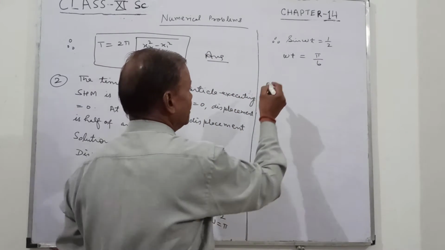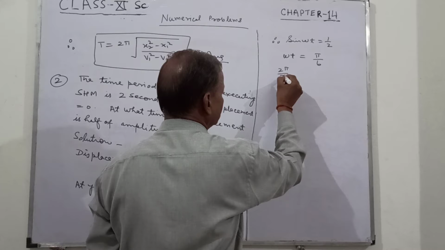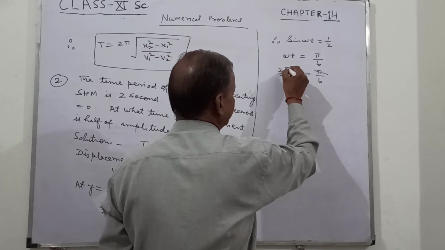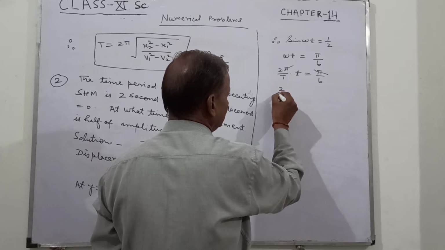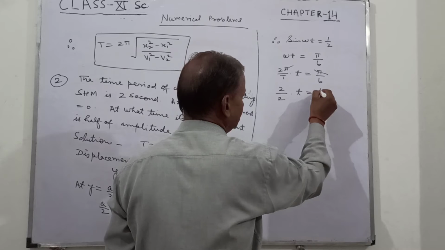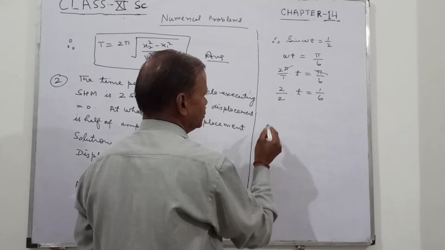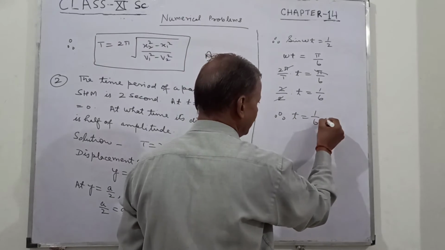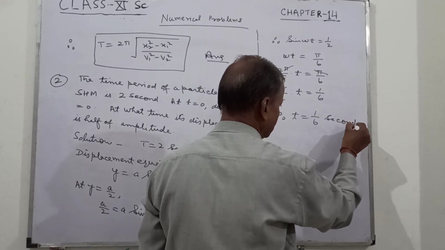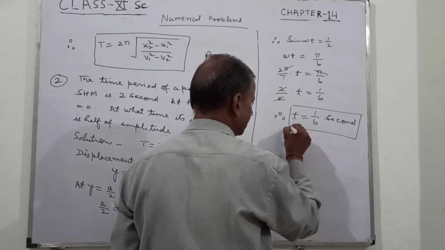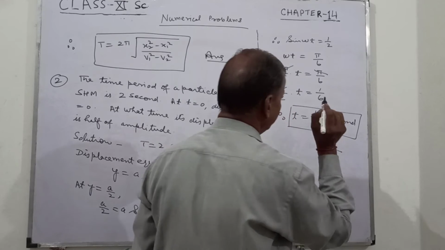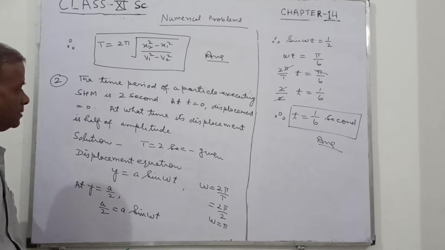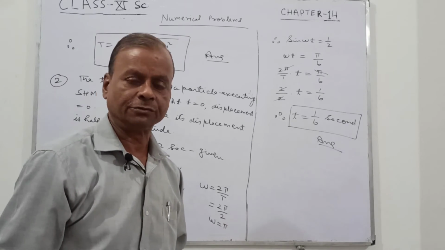Omega equal to 2 pi upon T, into t equal to pi upon 6. Now pi and pi will cancel, and this is 2 upon 2 into t equal to 1 by 6. So 2 and 2 cancel. Therefore, t equal to 1 by 6 second. This is the answer. So in 1 by 6 second the displacement will be half of the amplitude.